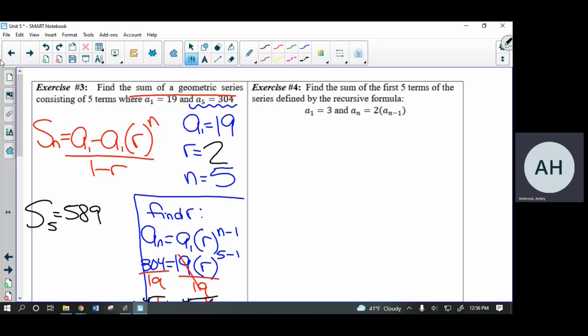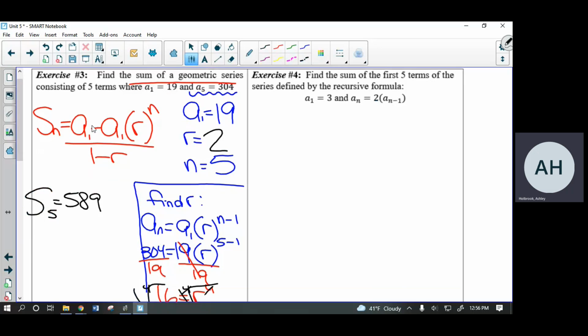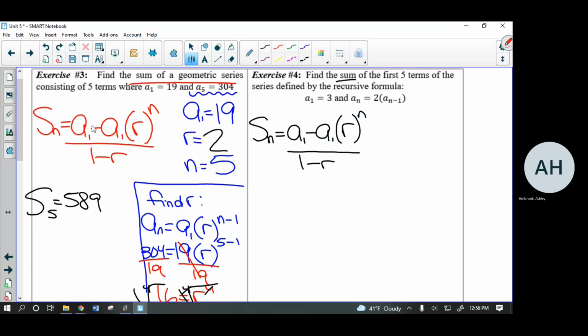Okay, two more. Exercise 4 says, again, find the sum of the first 5 terms. If I'm finding the sum, I'm going to use this formula. This one's tricky. It's honestly not too tricky.